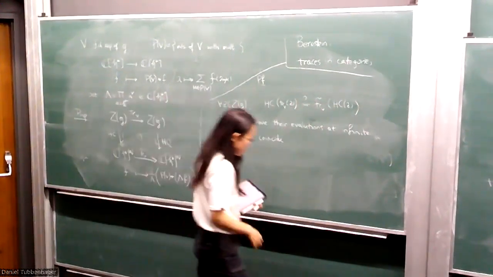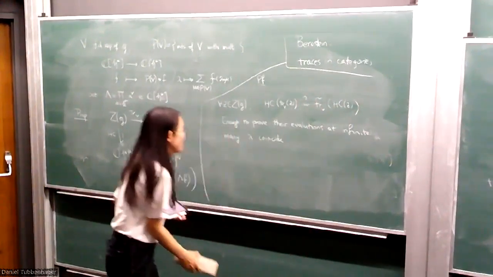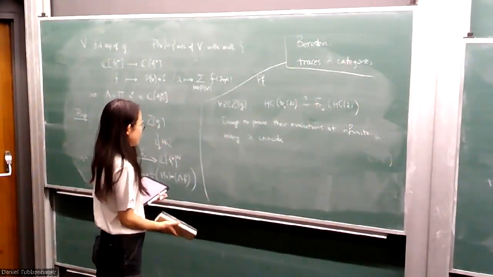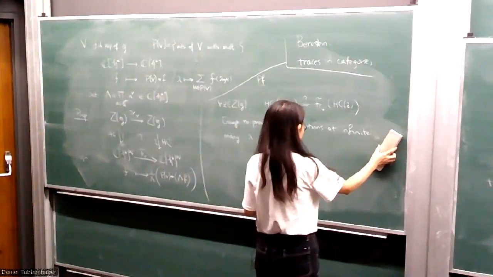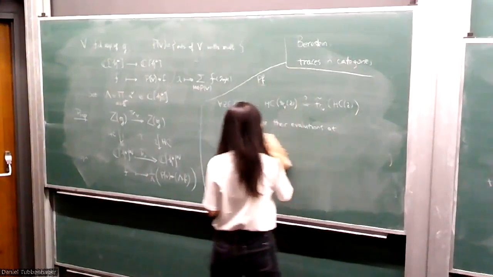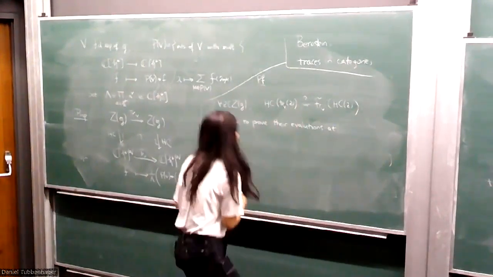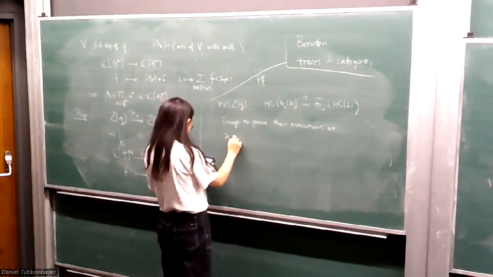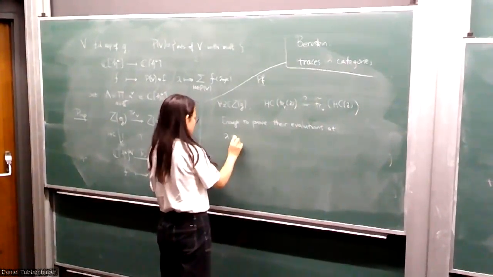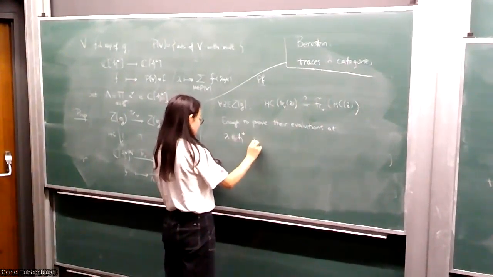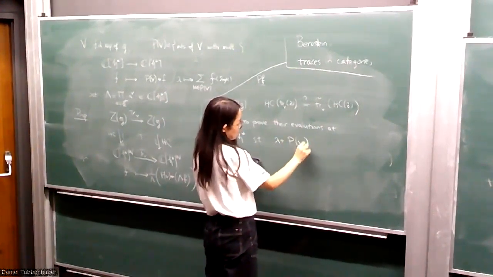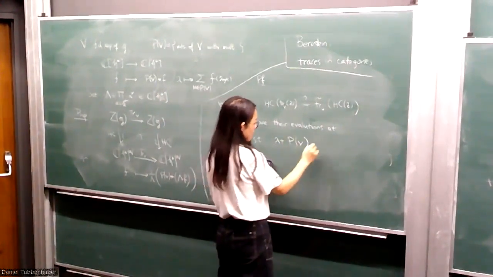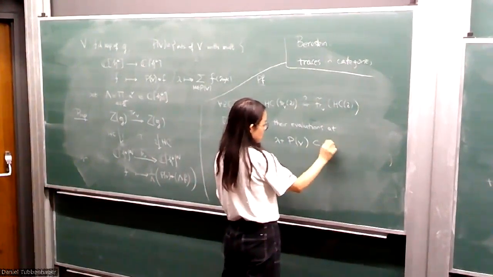So we'll actually show that their evaluation at the following lambda, which is an integral lambda such that lambda plus the entire weight set of V is always a dominant integral weight.